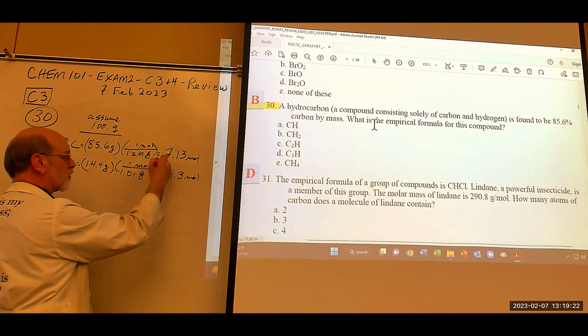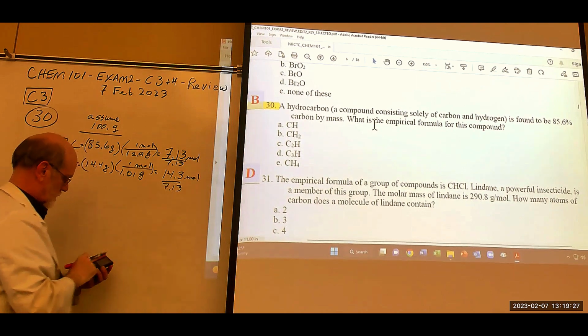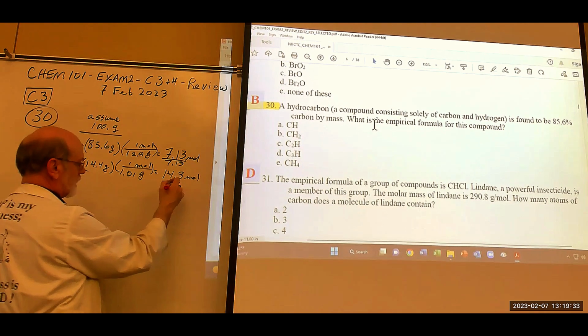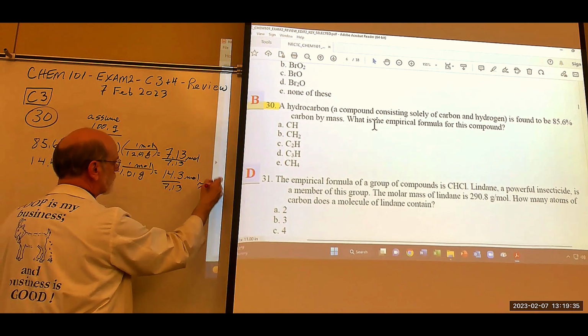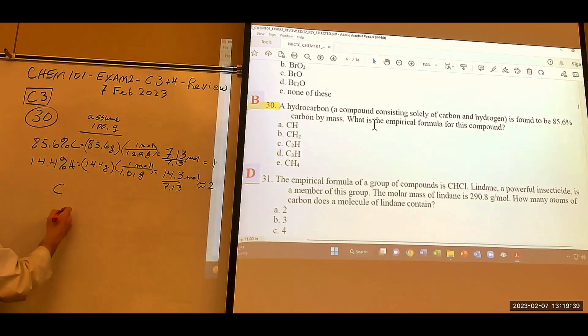Divide this one by 7.13. Divide this one by 7. And this one is approximately 2, and this one is exactly 1. So the ratio is 1 carbon and 2 hydrogens. And that's the empirical formula, the simplest whole number ratio.